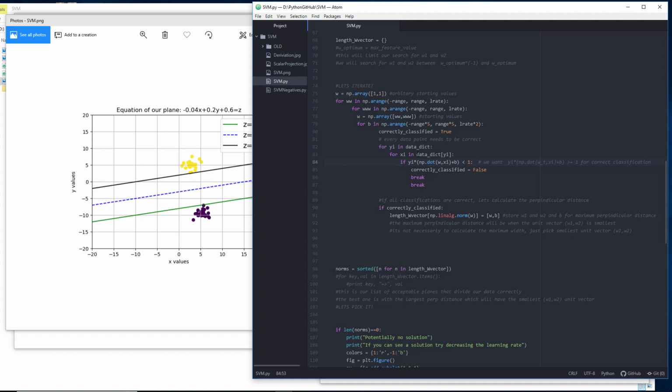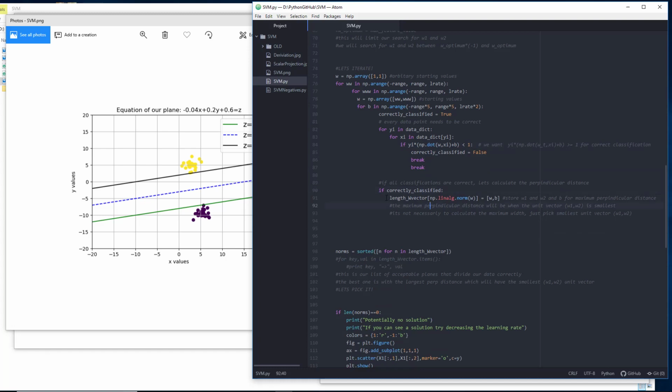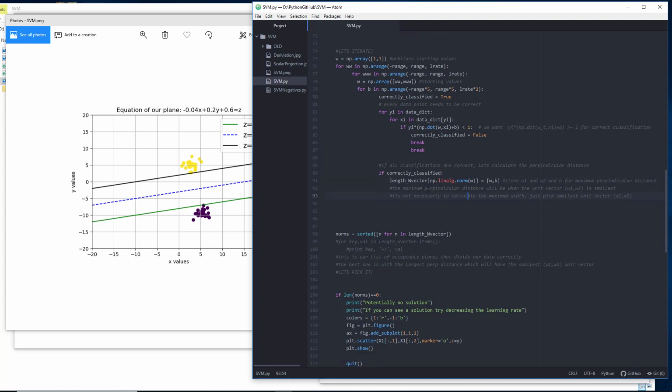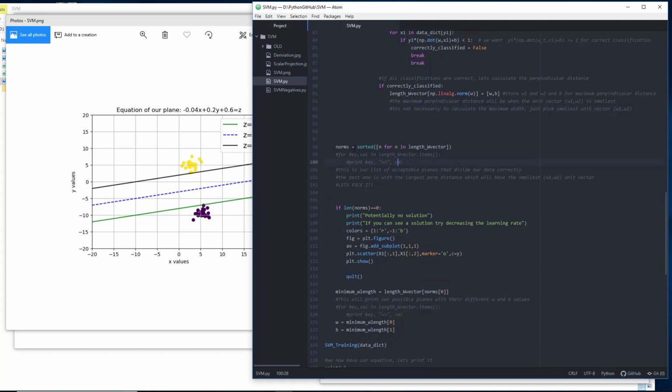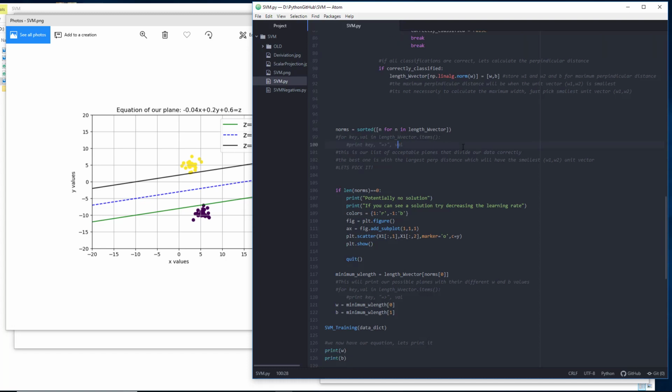If all data points are correctly classified, we're going to remember them. More than that, we can also calculate the length of W. So this is a for loop that iterates through all the different coefficients for planes that could solve our equation, and if it does, then we're going to store W. Norms is the sorted list by the length of the W vector, and then our minimum W length is the smallest one of that.